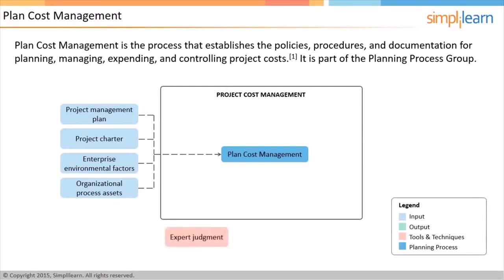Expert judgment refers to input received from knowledgeable and experienced resources. Experts can devise an approach to govern the costs on a project by using their previous experiences. Meetings may be organized to determine the cost management plan.